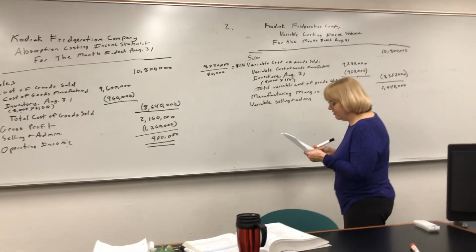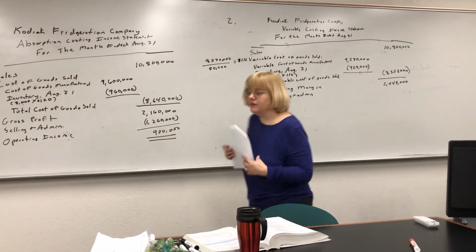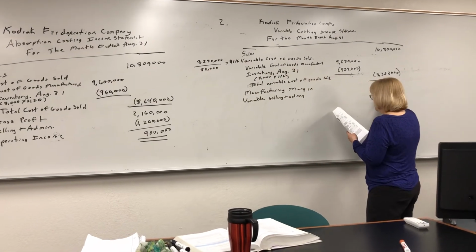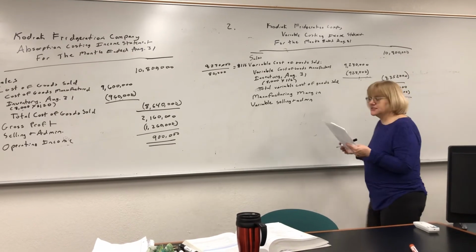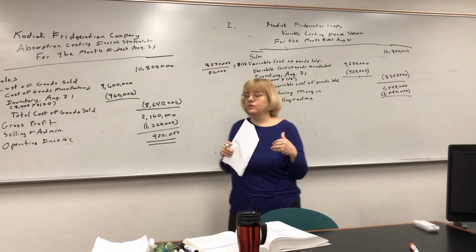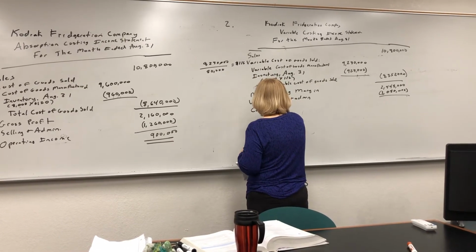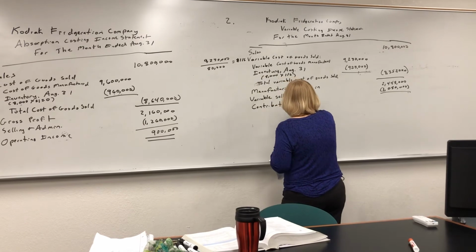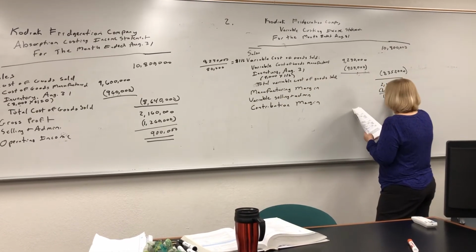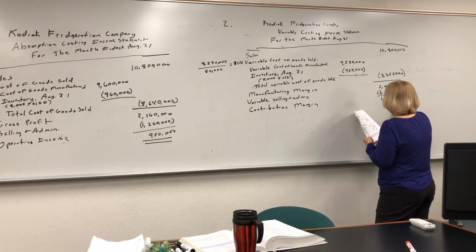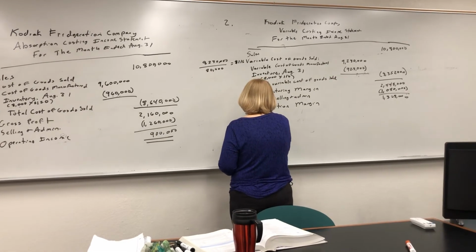Here we only want the variable portion, and it separates them for you in the book. So we just take the $1,080,000 and subtract that from our manufacturing margin. At this point, all of our variable cost will be out, and that's called our contribution margin. So we have $1,368,000 for our contribution margin, and then we start subtracting our fixed cost.